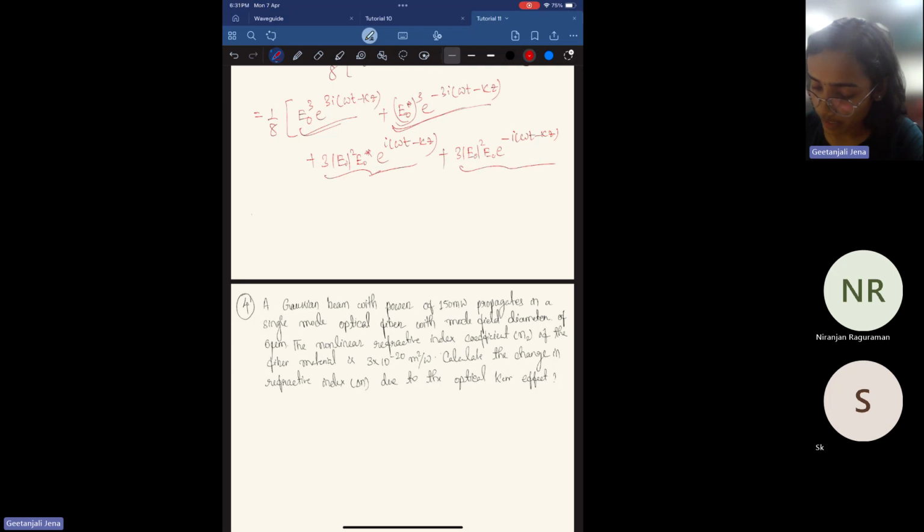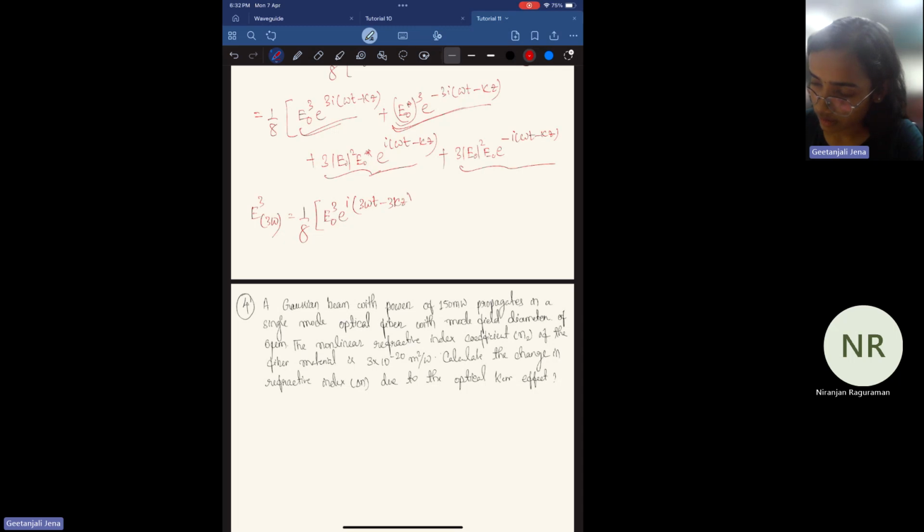So we have E cubed at 3 omega, which will be 1/8 times E0 cubed e to the power i(3 omega t minus 3kz) plus E0 star cubed e to the power minus i(3 omega t minus 3kz). So finding the polarization is easy.